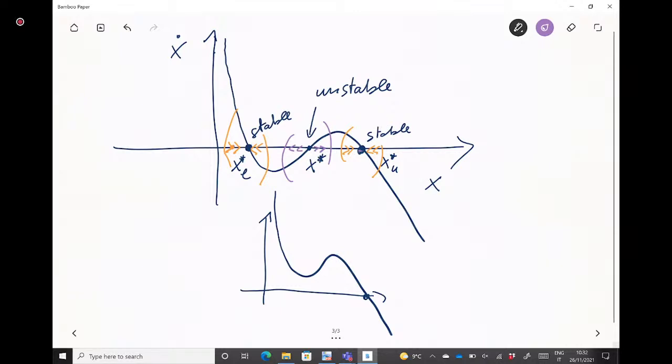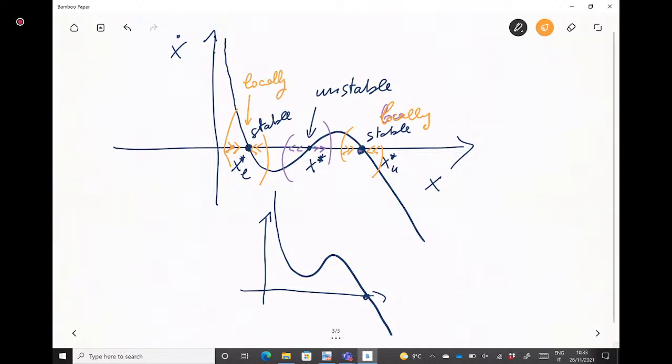Locally means that the system will end up here, starting from some set of initial conditions, which is not the whole possible set of initial conditions, okay? Also, this one is locally stable.